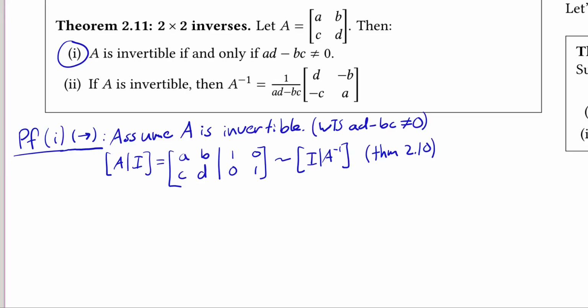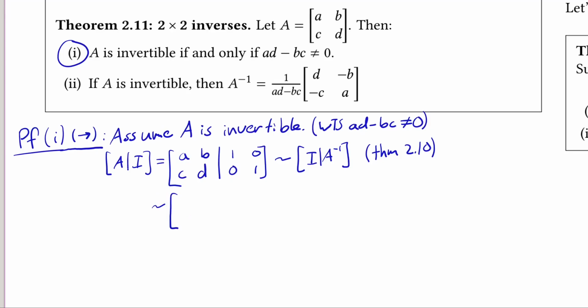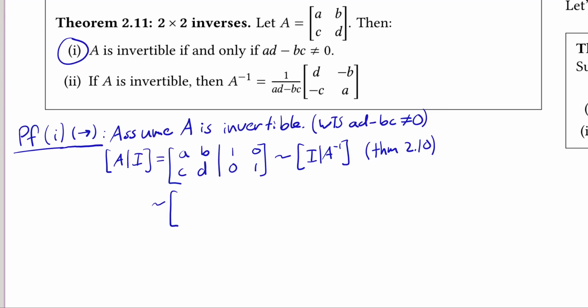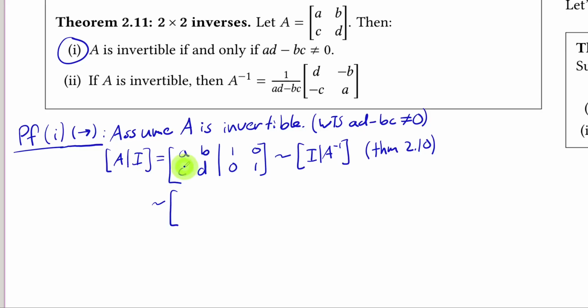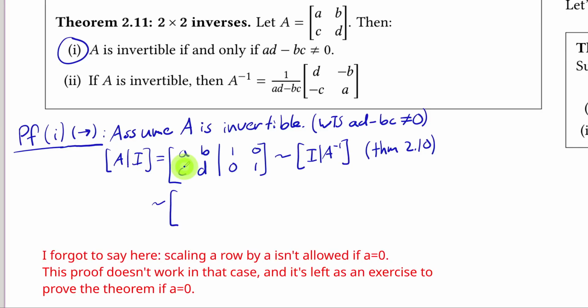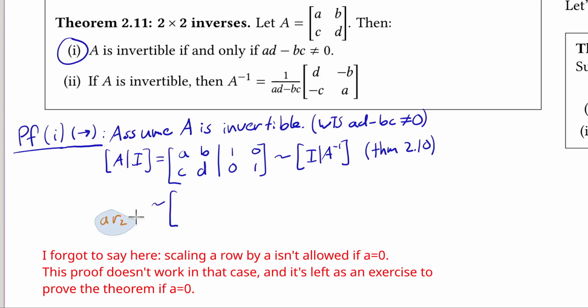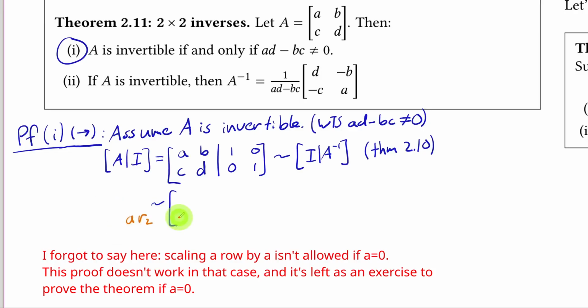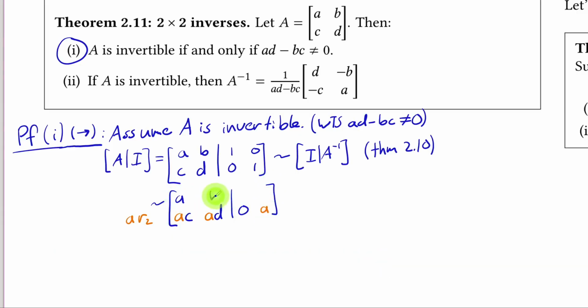Okay, now let's actually do the row reduction here. Let's scale row 2 by a. Leave row 1 alone for now.